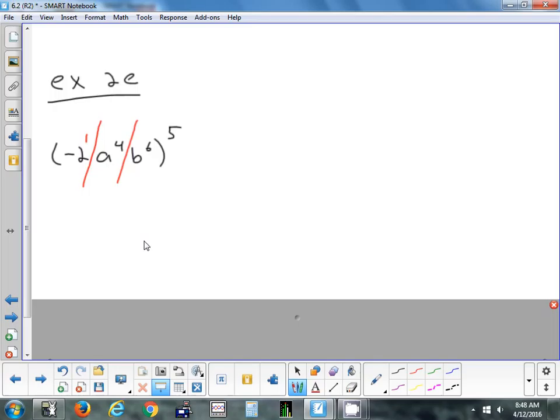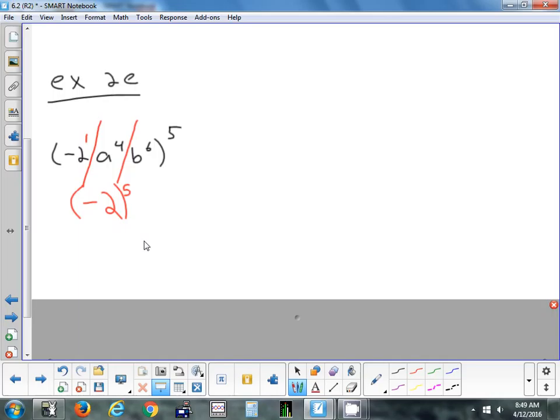Mr. Gallant, any idea what that -2 is going to become? -2 to the 5th power. Michaela, how about the A? Hold on, Rosie. I'm giving her a second, that's all.